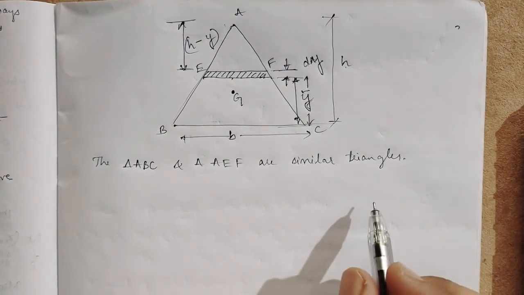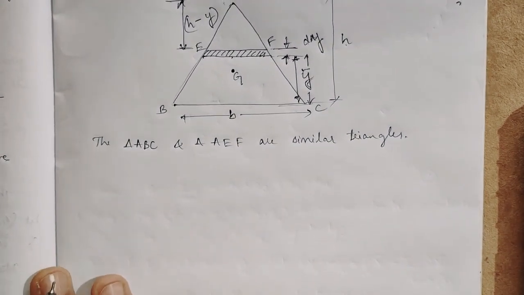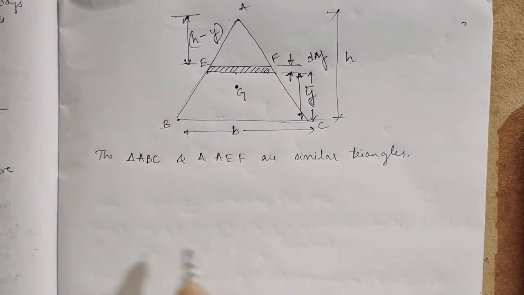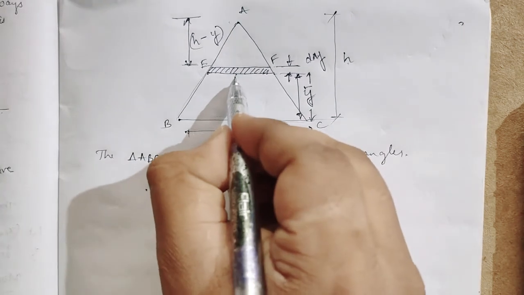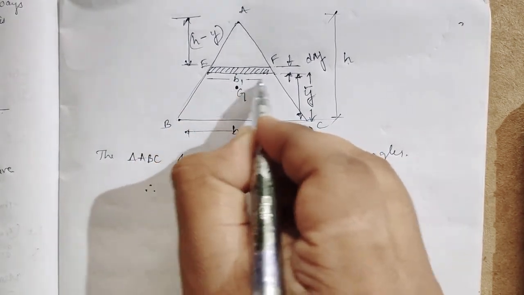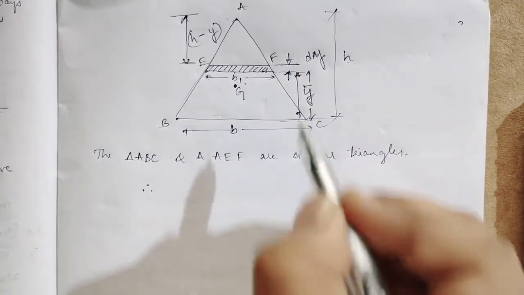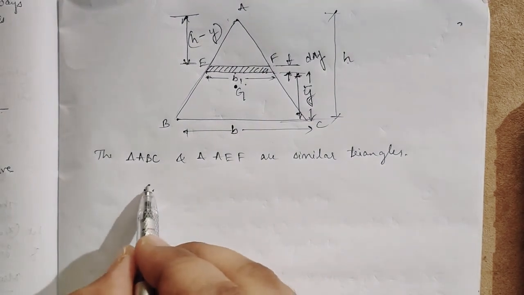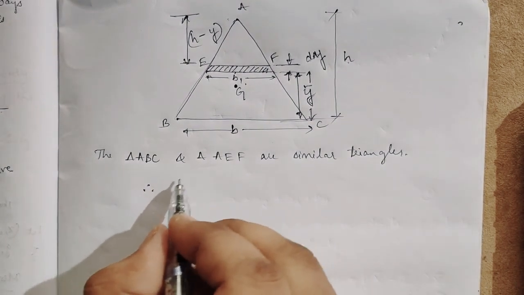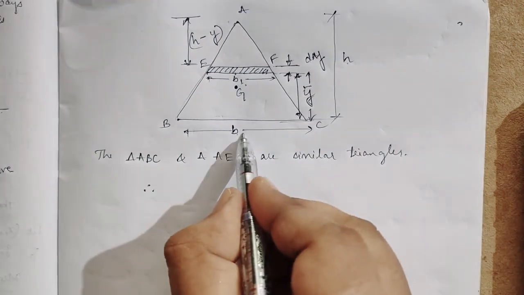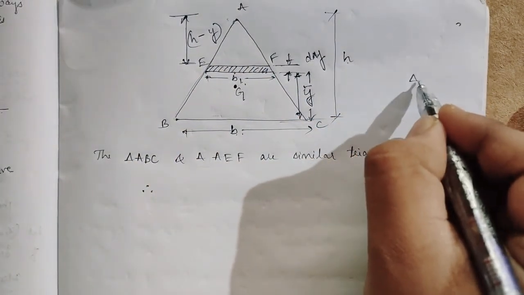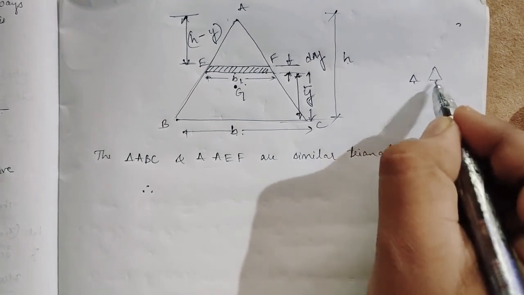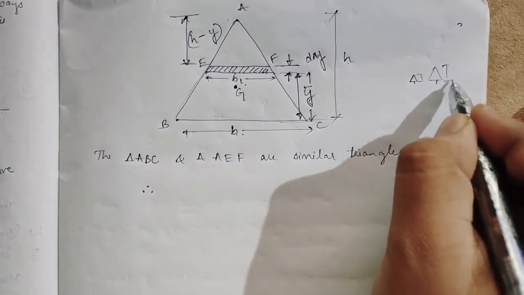So when they are similar triangles, we can apply the property of similar triangles. What is that property? Let the width of the elemental strip be b1. The similar triangle property is side by side and height by height.